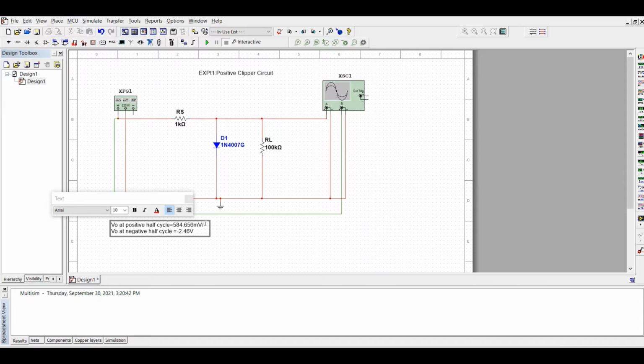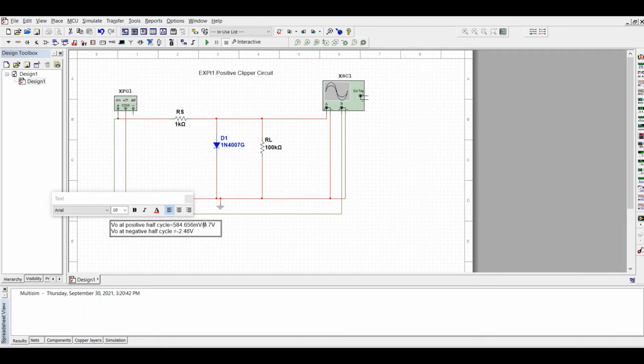We know that during the positive half cycle, the diode is acting as a forward bias, and the diode voltage is available. So diode voltage is 0.7 volts.